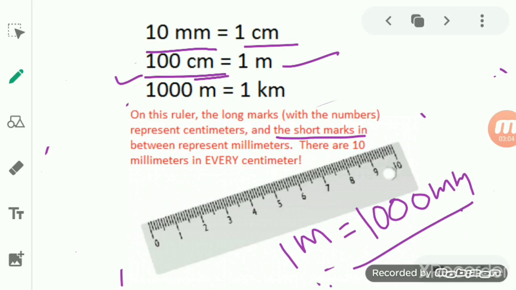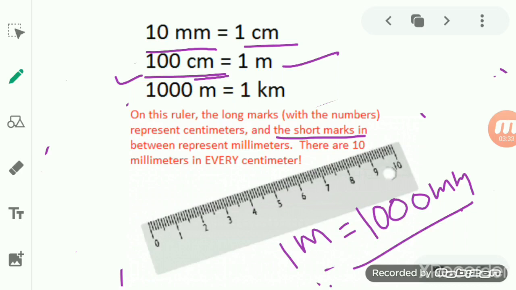But when we have to measure a longer length, like the distance between your home and a school, or the distance between your home and your grandmother's home, these are longer lengths.